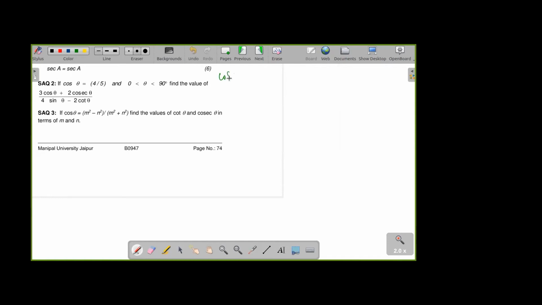Cos theta equals 4 by 5. We have to find the value of this term: 3 cos theta plus 2 cosec theta, divided by 4 sin theta minus 2 cot theta.